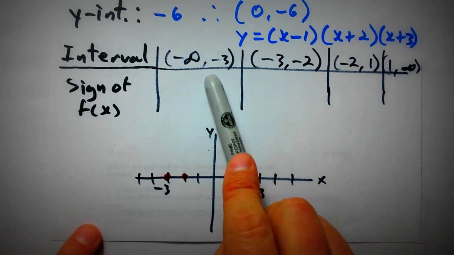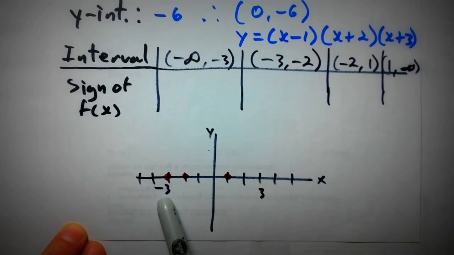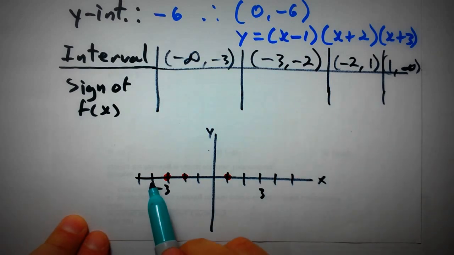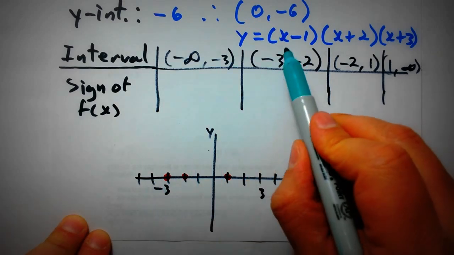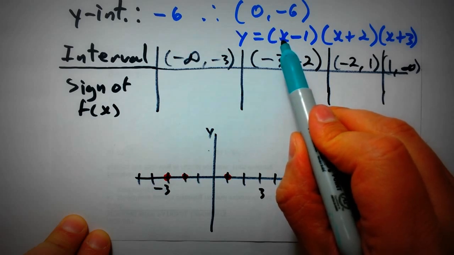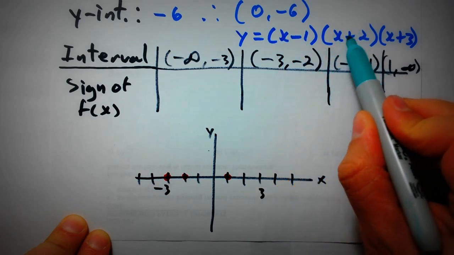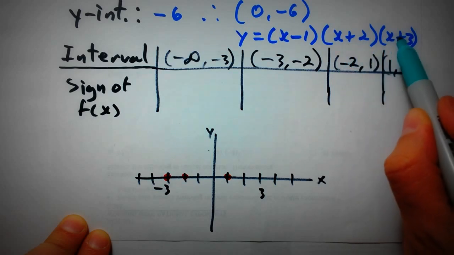So how does it behave to the left of -3? We put in a value lower than -3, so let's choose -4. -4 gives us -5, so that's a negative. -4 here still gives a negative, -2, and here we get -1.